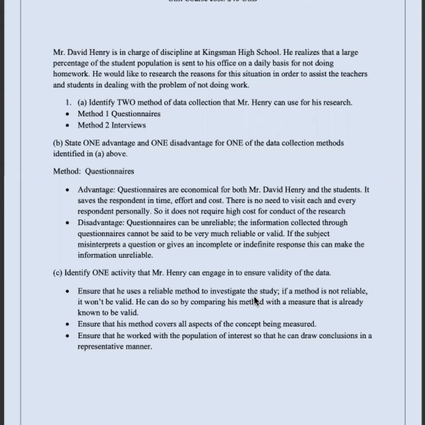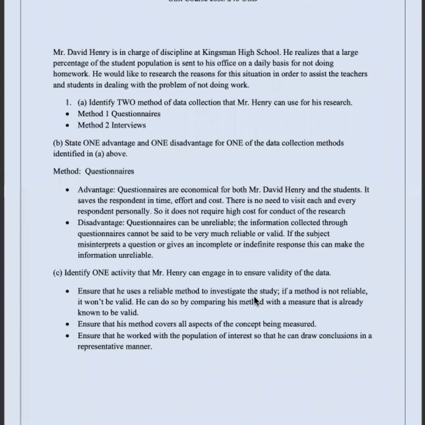Part C says identify one activity that Mr. Henry can engage in to ensure validity of the data. And recall, validity is the extent to which the instruments that are used measure exactly what you want them to measure.